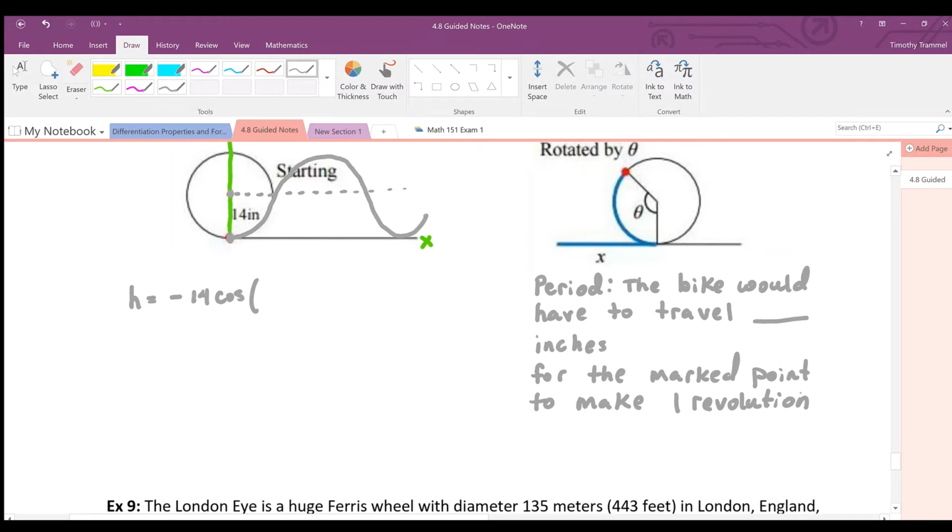Okay, so yeah, that's the key here. We want to know how far this tire went in the time that it's made one revolution.